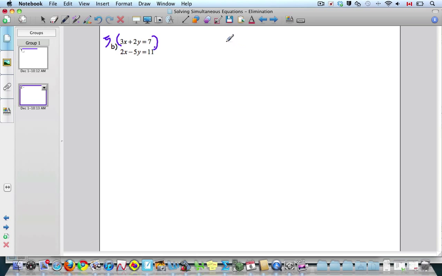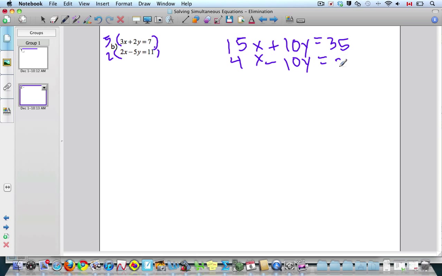So that would give me 15x plus 10y equals 35. And if I take the second equation and multiply it by positive 2, then I have 4x minus 10y equals 22. Now I have a positive 10y and a negative 10y, so they should cancel.